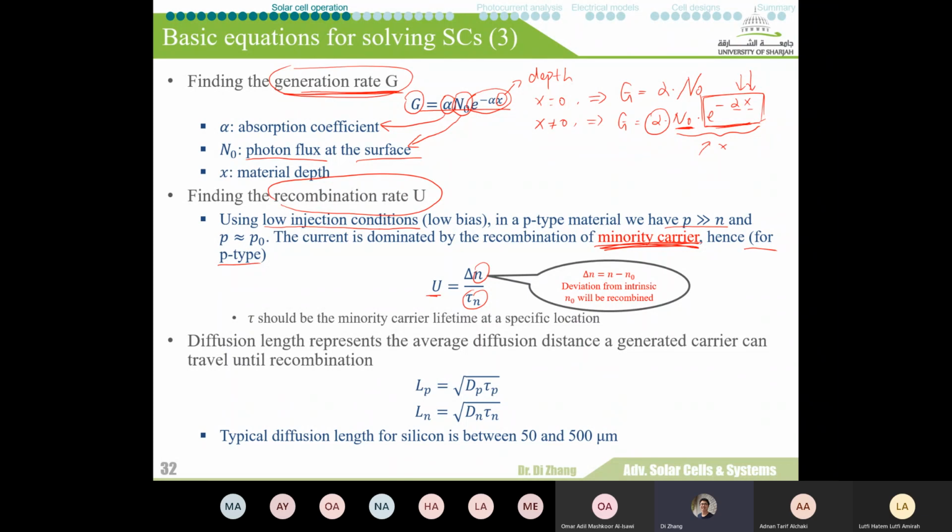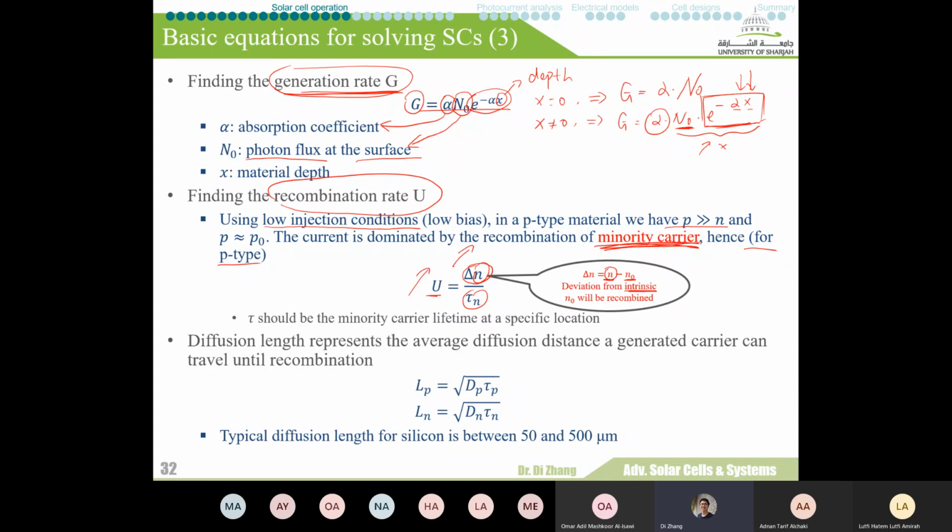So what parameters are we seeing here? The delta n is the difference between the current electron concentration and the intrinsic electron concentration. Compared to the intrinsic state, the more electrons you have in this location, the more this will increase the recombination rate.